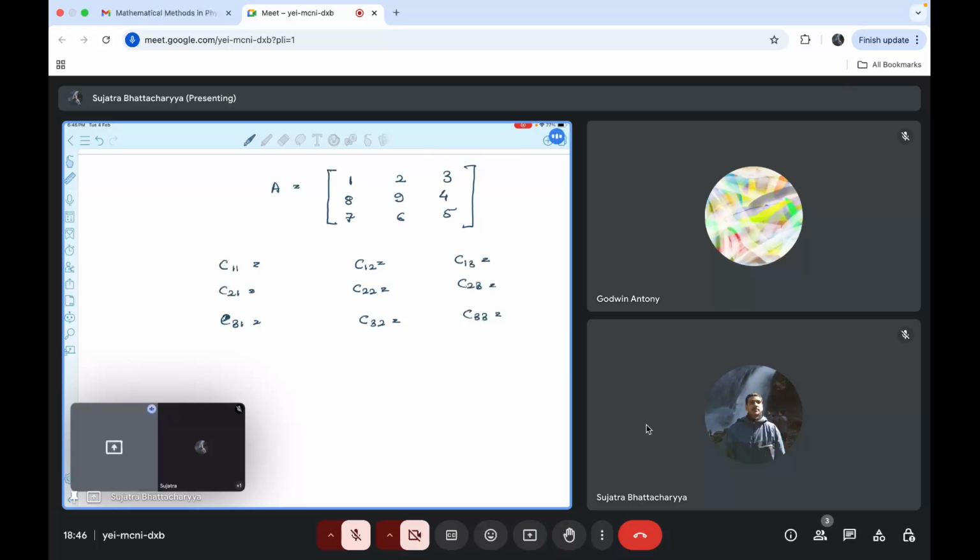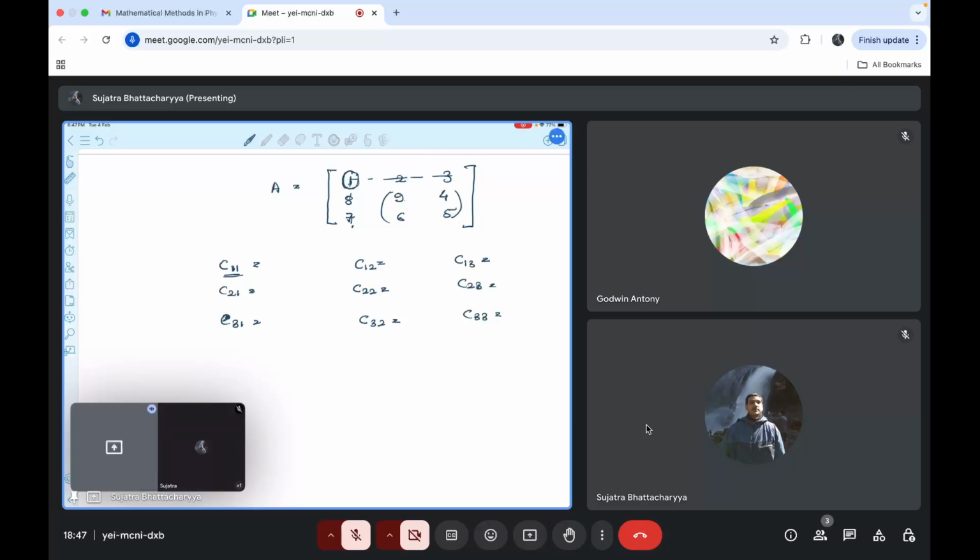So how will we do it? When we are calculating the first one, that is 1, 1, leave this row, leave this column, and just calculate the determinant of the remaining part. Suppose you are calculating C11: in the A matrix, you leave this row and this column and calculate the determinant of that.